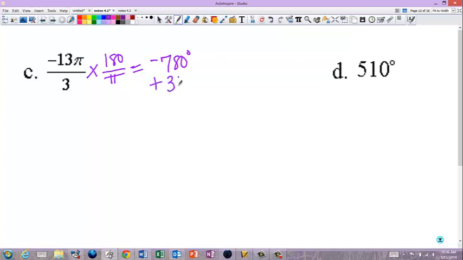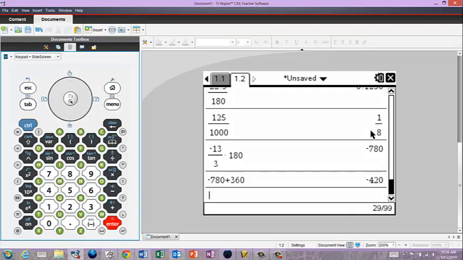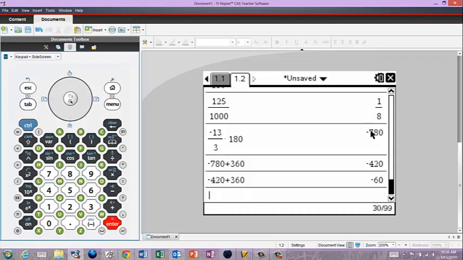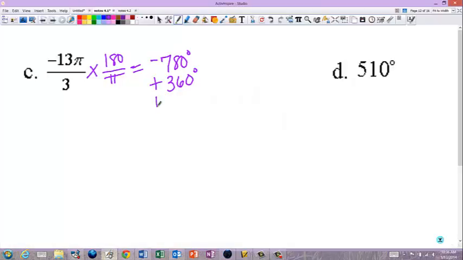Well, I can add 360. So plus 360. Get a coterminal angle. Well, it's still not on my circle, so I add 360 again. Still not on my circle, so I add 360 again. And I get 300 degrees. So I added 360, I think, 3 times. And I got 300.